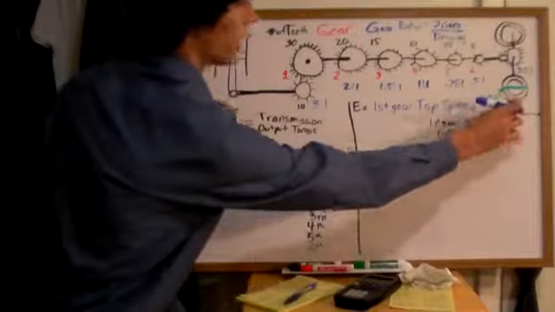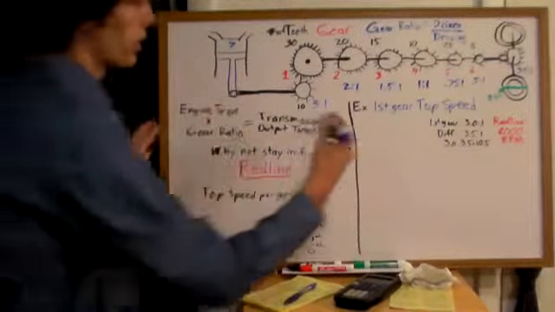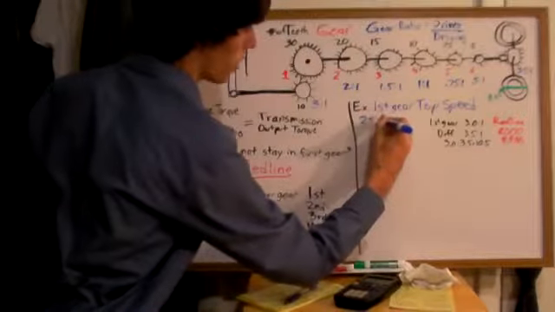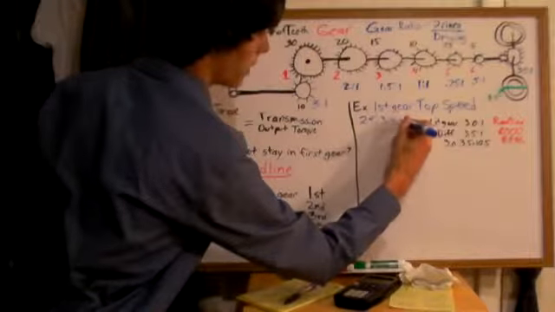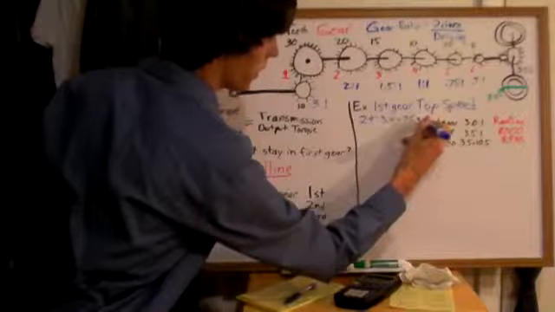We've got the tire here in the back. Let's say your tire has a total diameter of 24 inches. So you've got 24 inches times 3.14, and that is going to give you about 75.36.